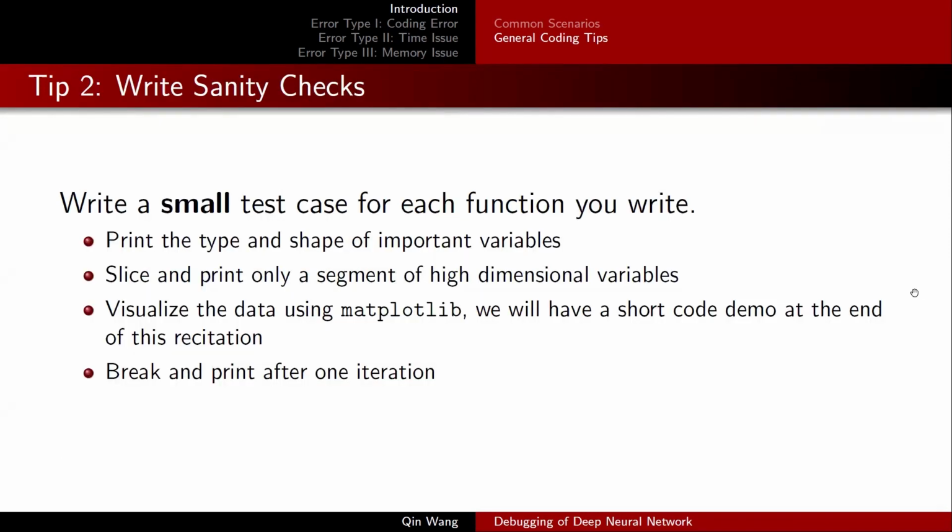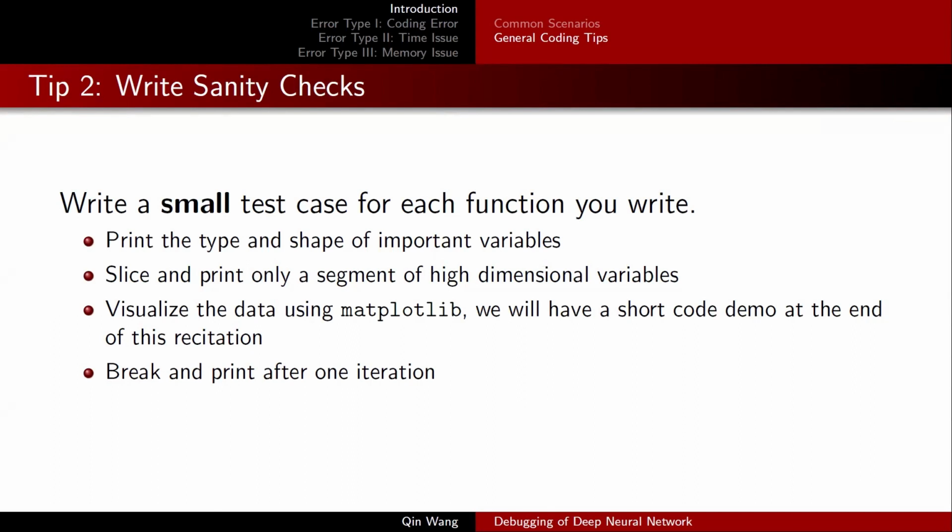Tip number 2. Just like all coding classes will teach you, debug by writing a small test case. The code for deep learning is usually very long, and there might be hundreds of lines of code in each homework. You should break things down into small functions and test each function individually.